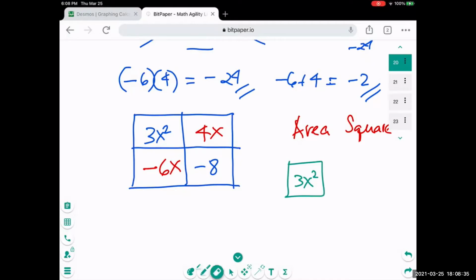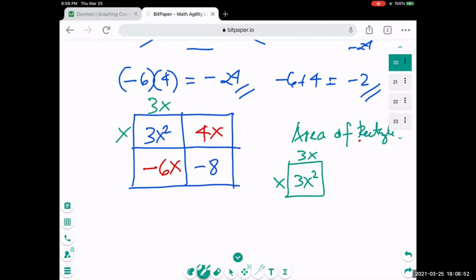So this is the area of a rectangle. So here on top would be 3x and this would be x. So let's just put it here. 3x and x. Because when you multiply them, its area is 3x times x would give us 3x squared, right?